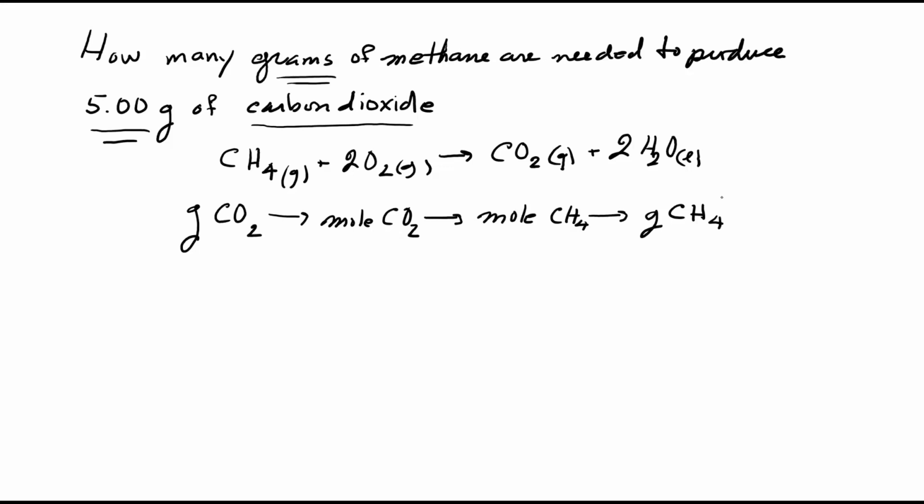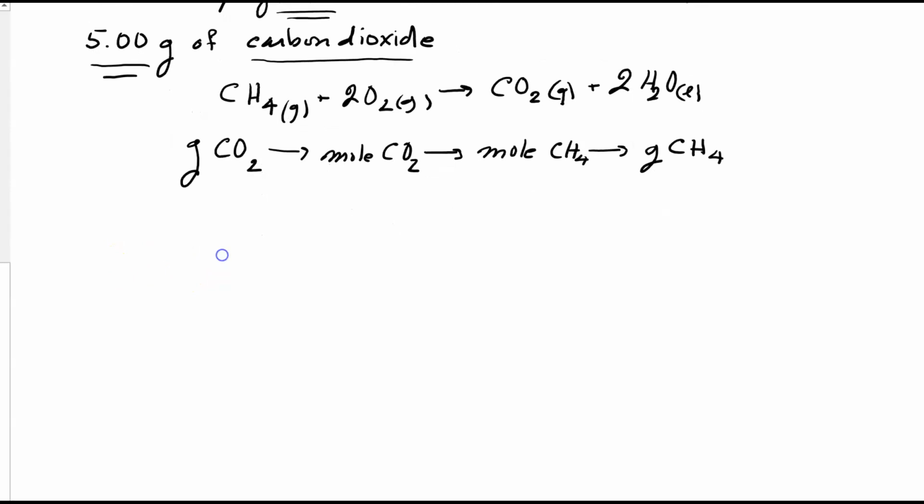Okay, so let's put in all the necessary pieces. So we start off with 5 grams of carbon dioxide. So we have 5.00 grams of CO2, it's over 1. Now, we need to convert that to moles of carbon dioxide.